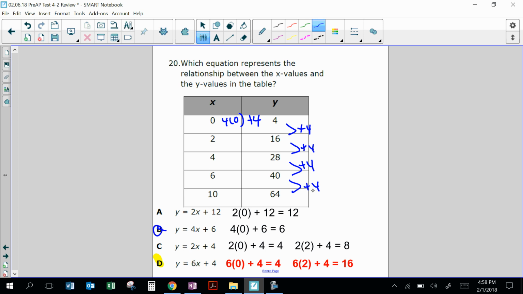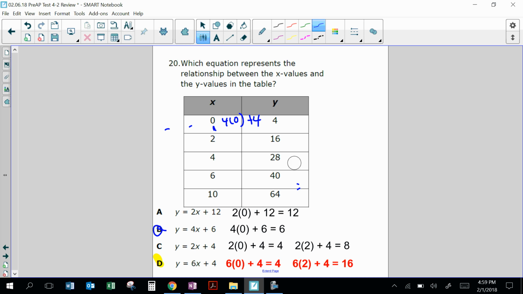This is changing 4 for every 2 here. So what number do you think goes between 0 and 2 right here? If you are finding the first number, what do you think it's going to be? If it's changing by 4 for every 2 numbers, then it must be changing. Stop, stop.